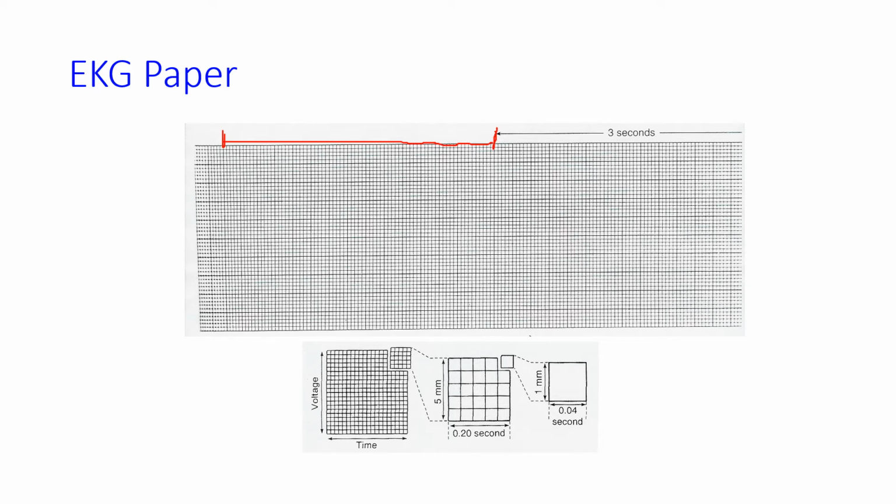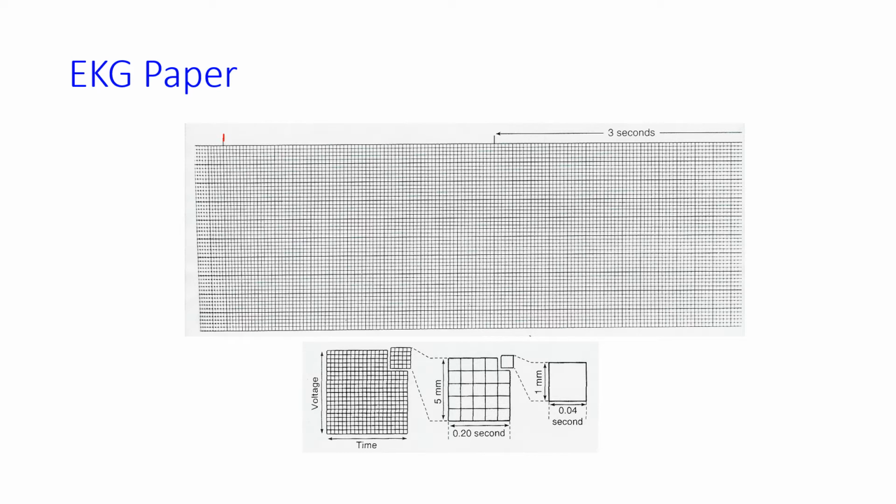There's 75 boxes from one marker to the other, and if you multiply that 75 by 0.04, you'll get 3 seconds.